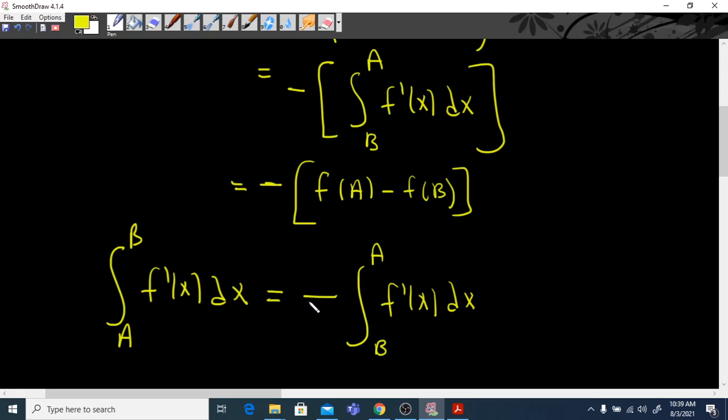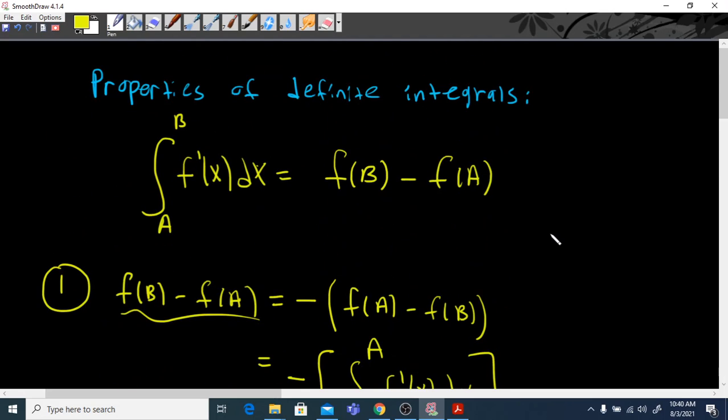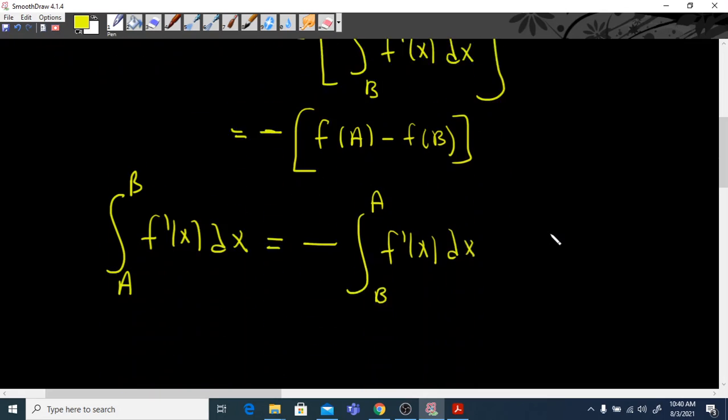This is a property that we're going to use again and again. So let's keep this one in mind. That is big property number one.